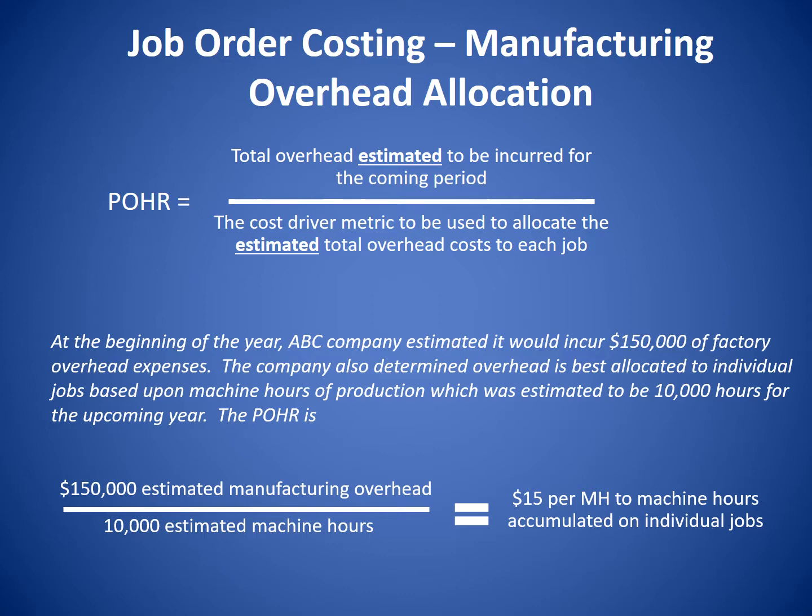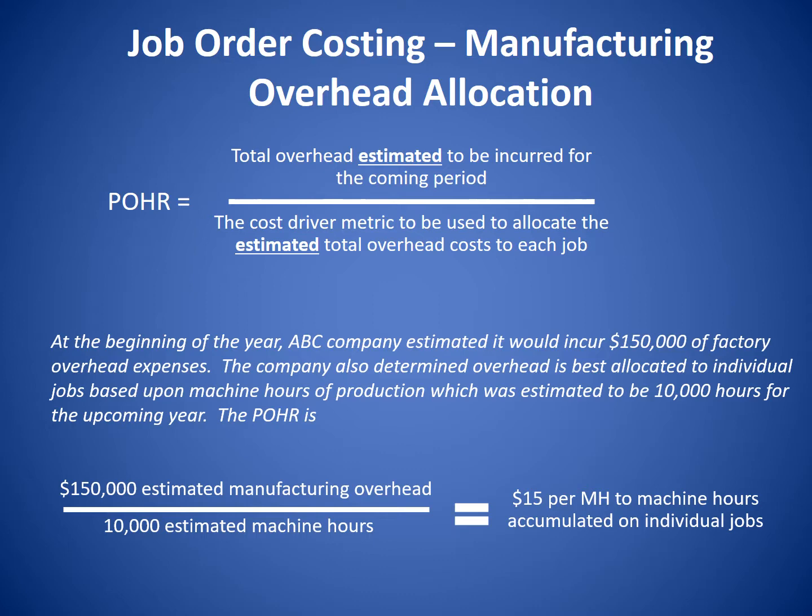Okay, but if we take the $150,000 estimated manufacturing overhead divided by the 10,000 estimated machine hours, that means our overhead rate is $15 per machine hour accumulated on individual jobs or individual operations.